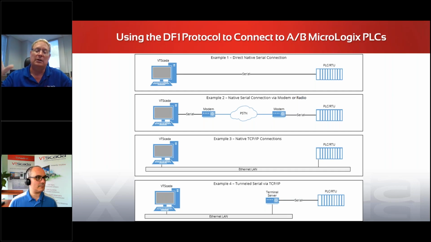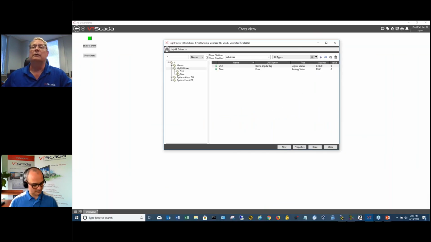So each device out in the field would have a PLC and the radio. Depends on the radio, if it's Ethernet or serial. But the configuration of VTScada would be trivial. Let me just open up my application again.